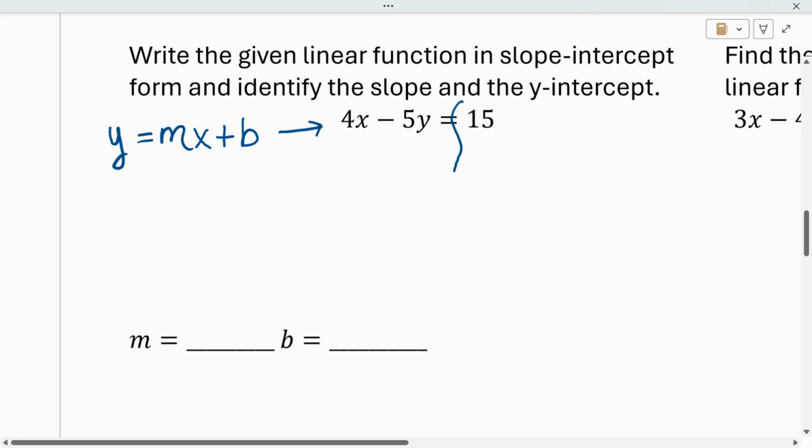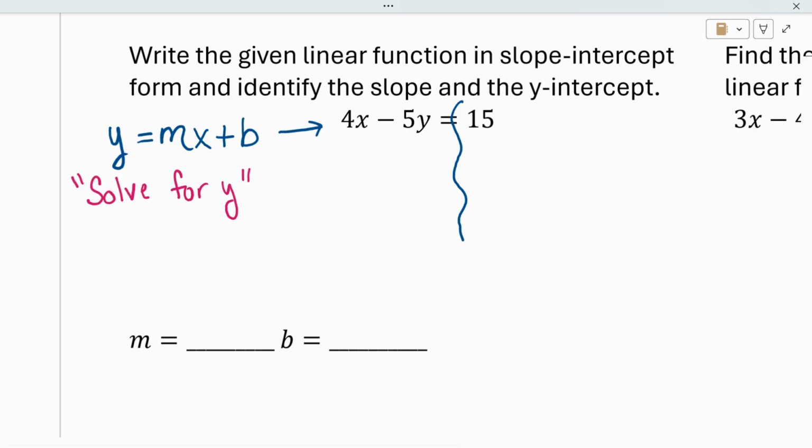Really, what the directions might say sometimes is solve for y. That's the same concept, right? Solving for y, getting y all by itself.